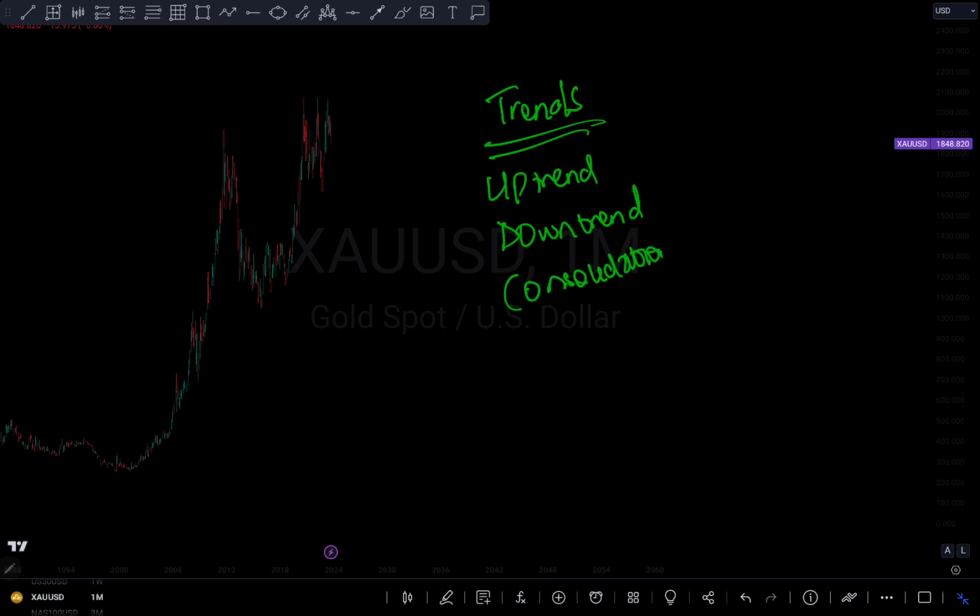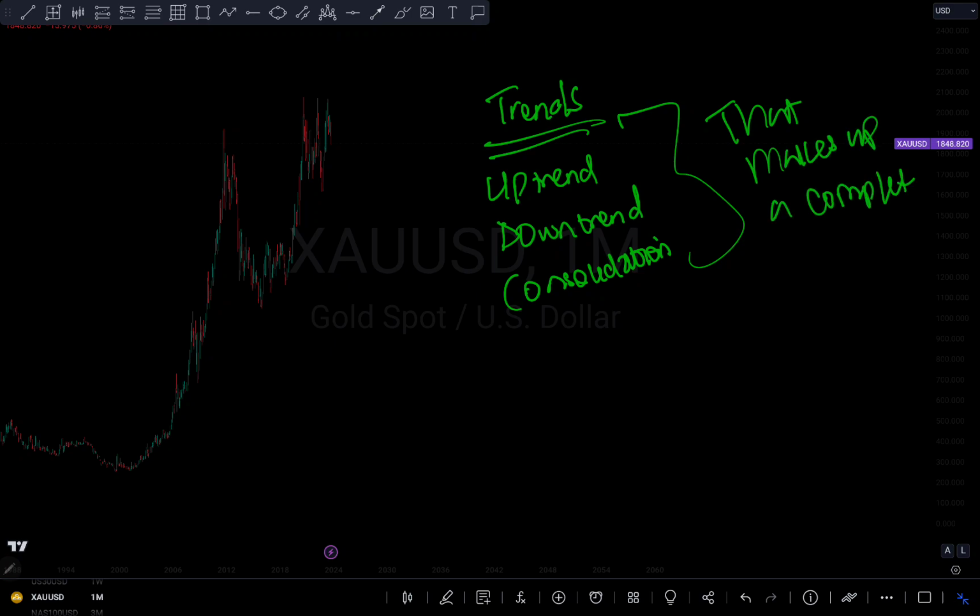Consolidation is not a trend, but it's still part of how the market goes. Those make up a complete chart slash direction, and that will determine what we are looking for when we are marking up charts.